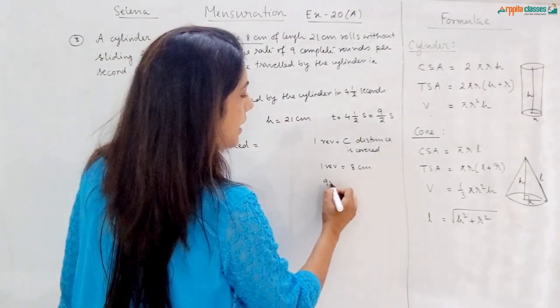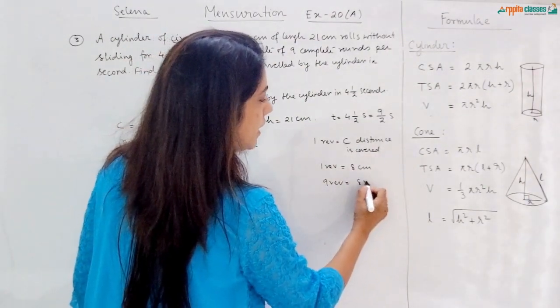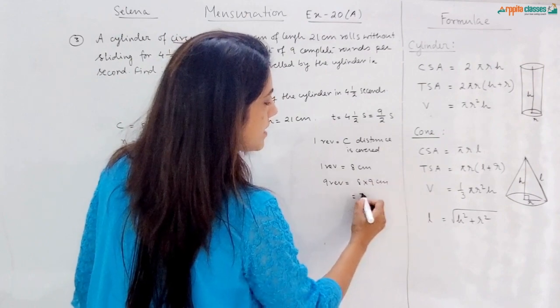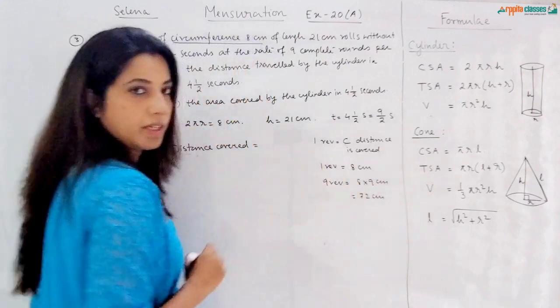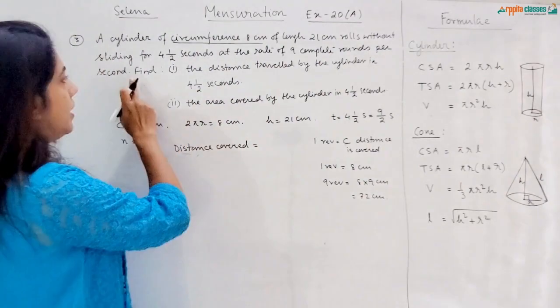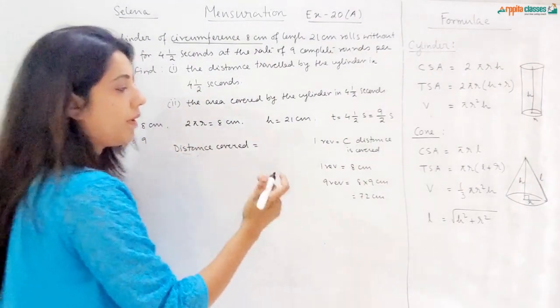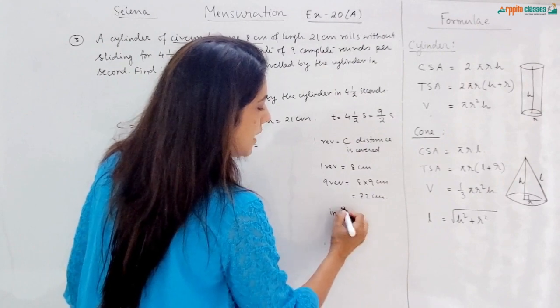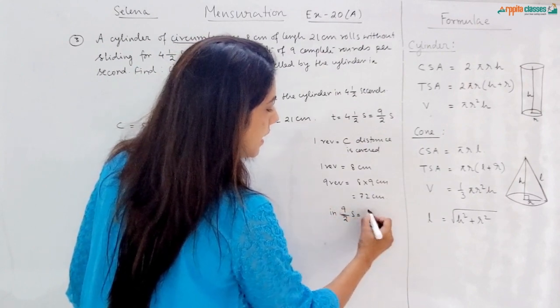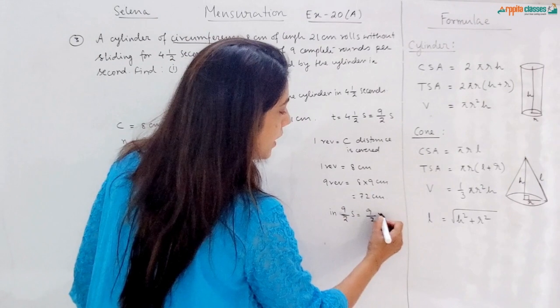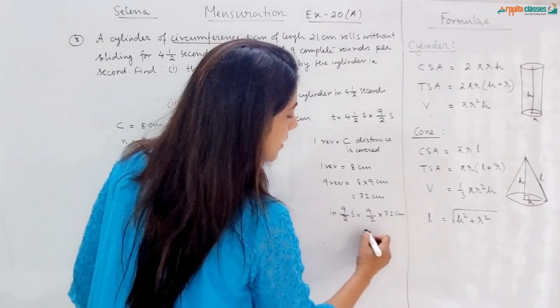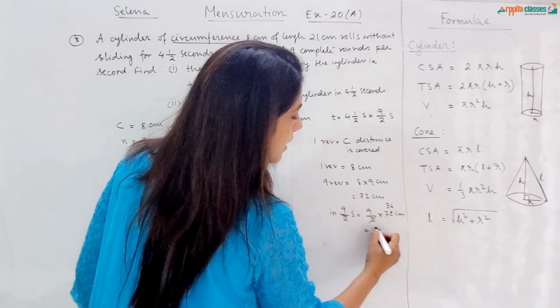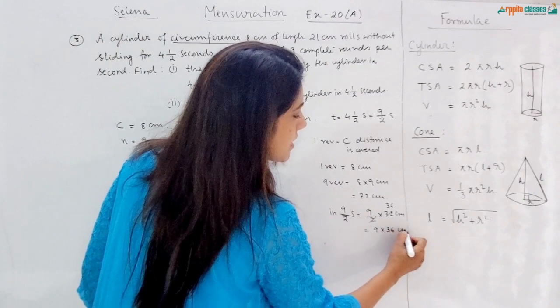So in 9 revolutions, 8 into 9 cm, that is 72 cm is covered. And 9 revolutions are taken in 1 second. So in 4 whole 1 by 2, that is in 9 by 2 seconds, it covers 9 by 2 into 72 cm, that is 9 into 36 cm.